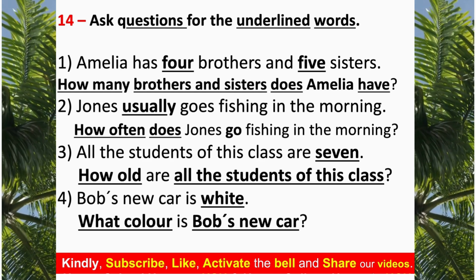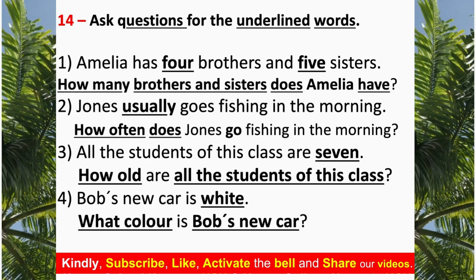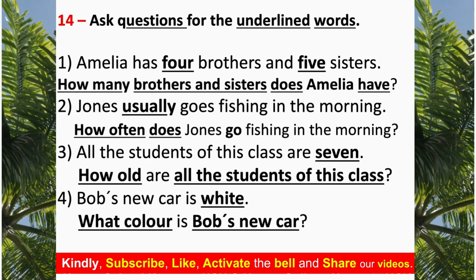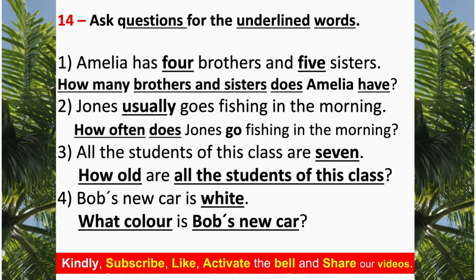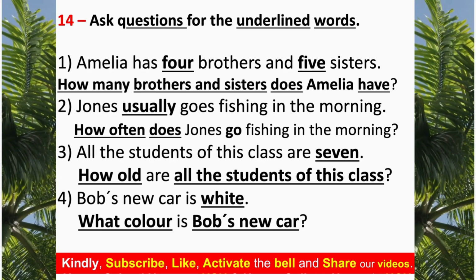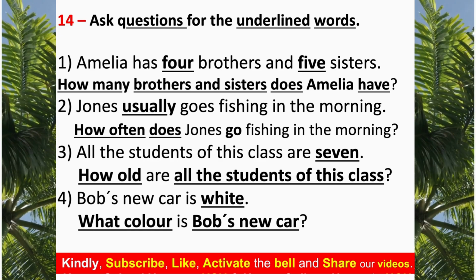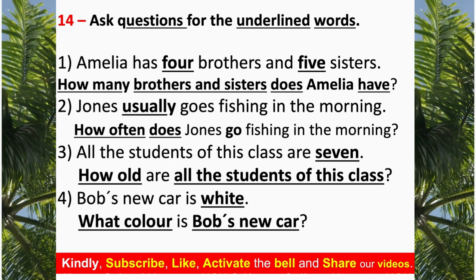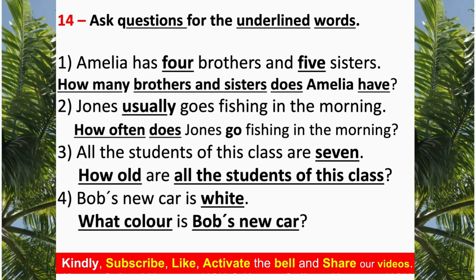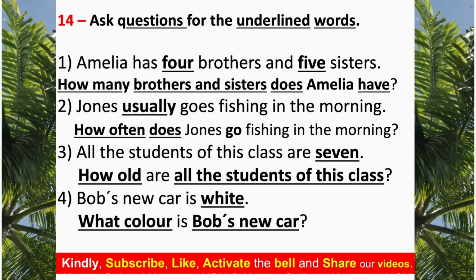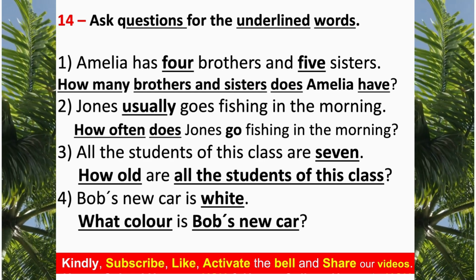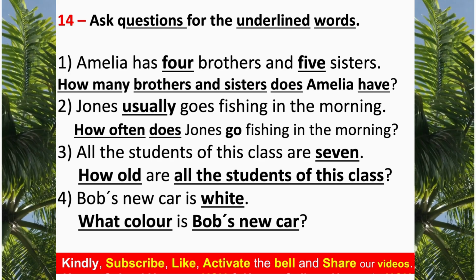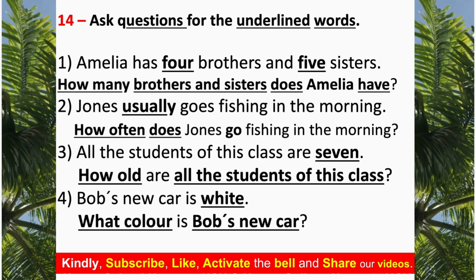Then Emilia, and then have. So 3 things you are going to do in this question. How many brothers and sisters does Emilia have? If you say, does Emilia has, it's not correct, because when we have does, the verb remains in the infinitive. It doesn't take S.